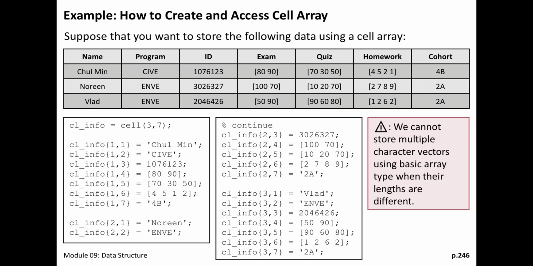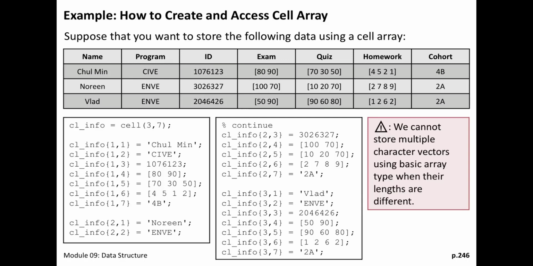However, in that case, the character vectors should be the same length. So in order to store different lengths of character vectors in an array, you need to use this cell array. Therefore, in general, we use this cell array type to store the text information.